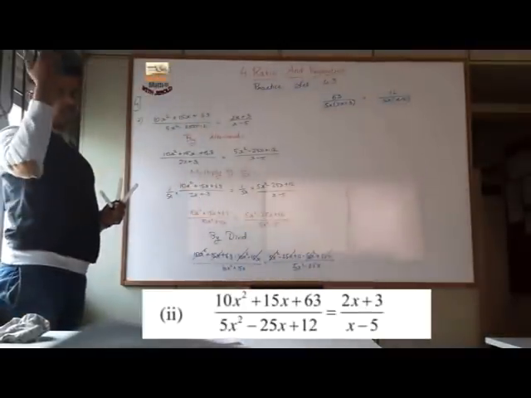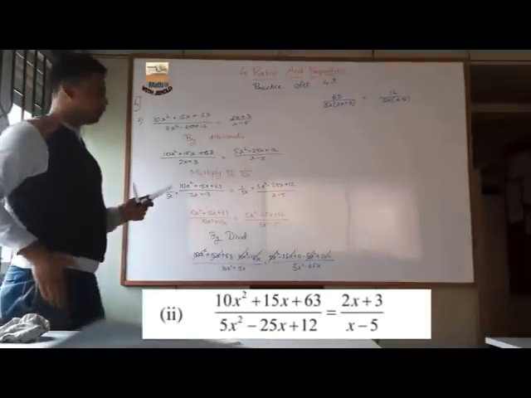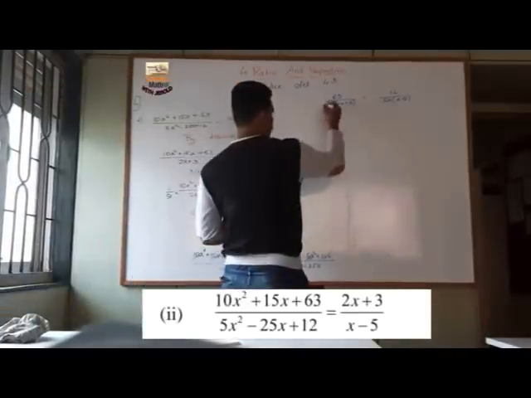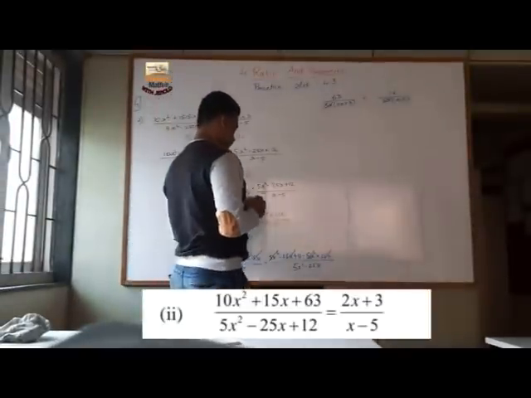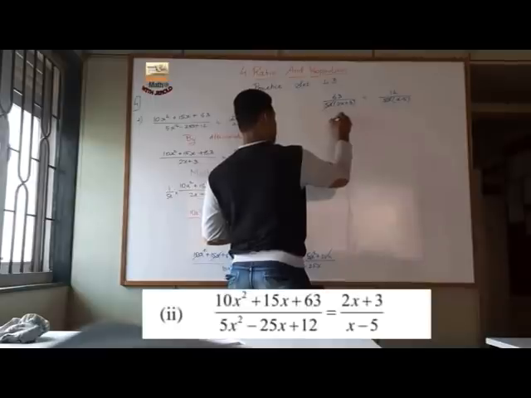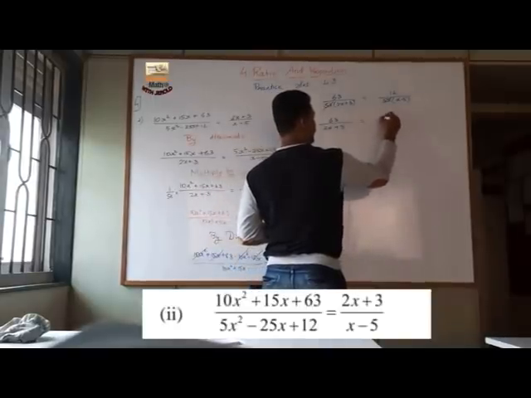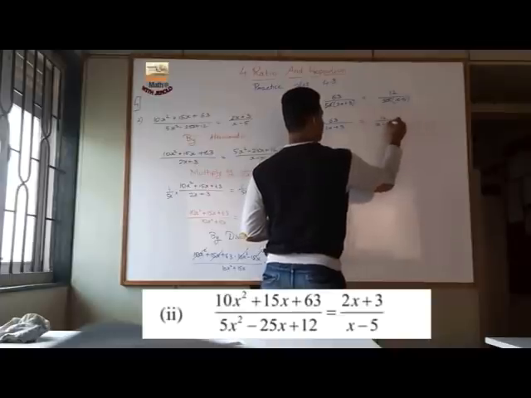In the previous sum we cancelled the numerators. Now I have equal denominators, so 5x and 5x will also get cancelled. And lastly I have 63 divided by 2x plus 3 and 12 divided by x minus 5.